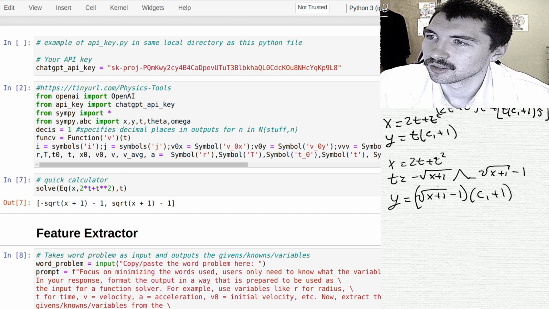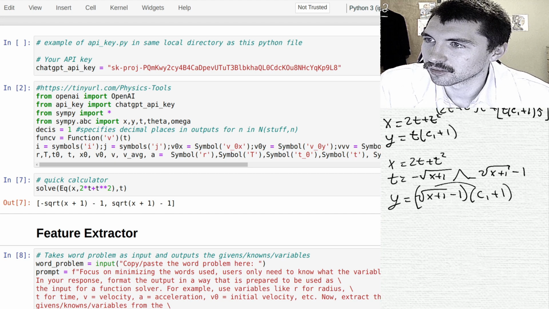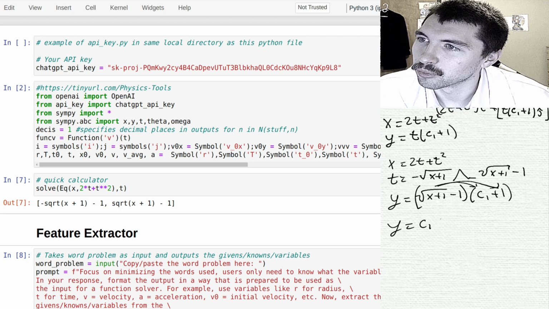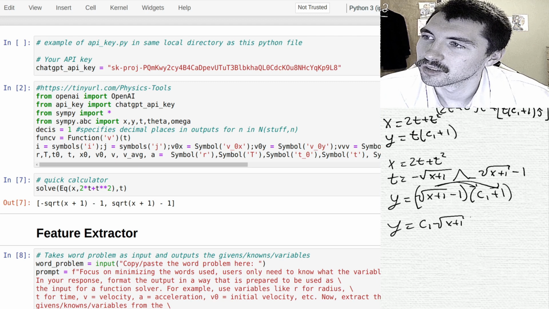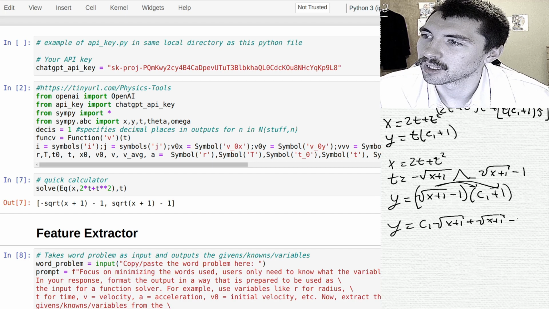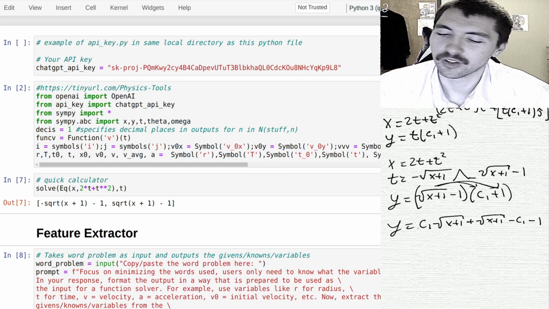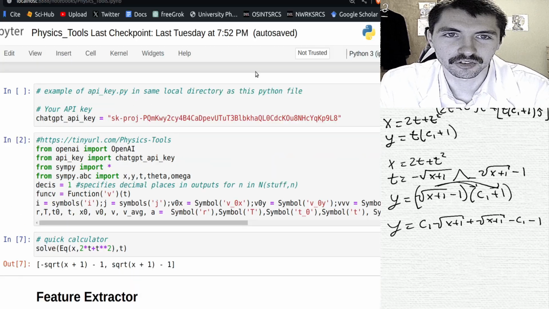So now we do some factoring. y is C1 square root x plus 1 plus square root x plus 1 minus C1 minus 1. Okay. So this is our final equation. So you wanna see this graphed.